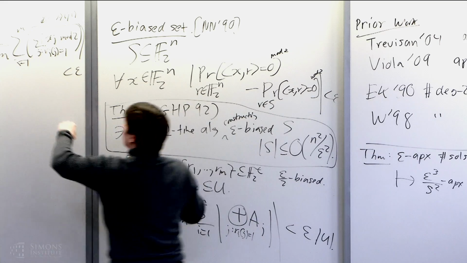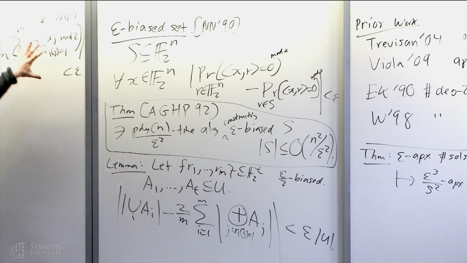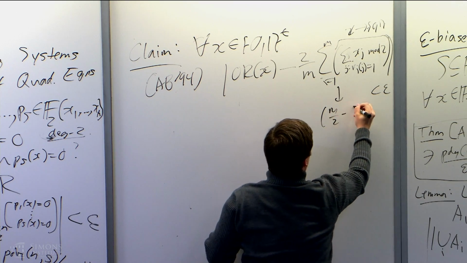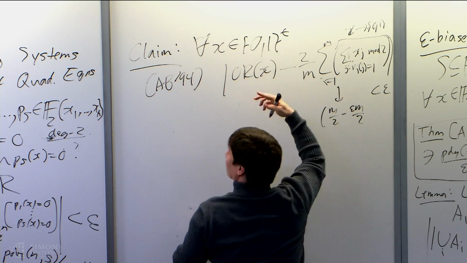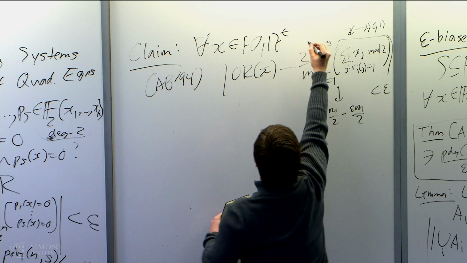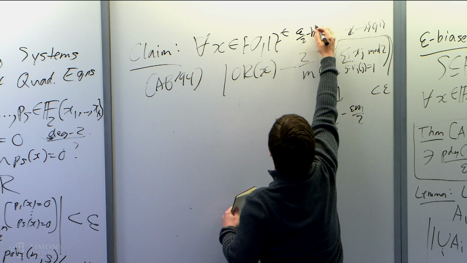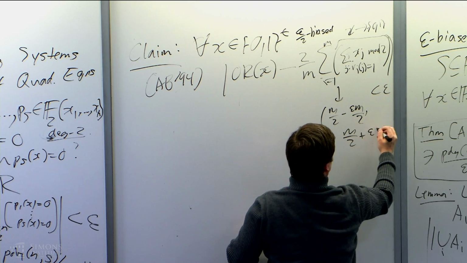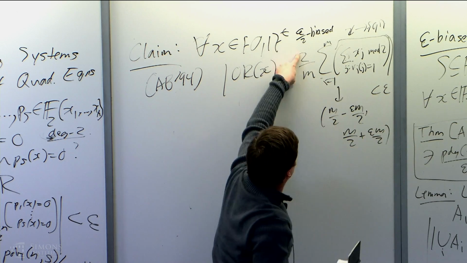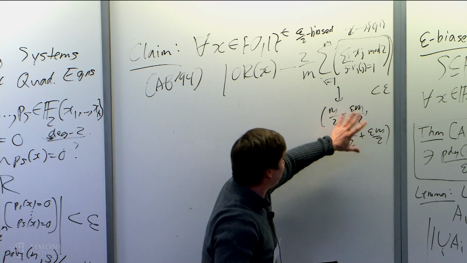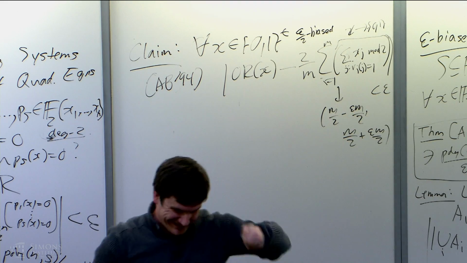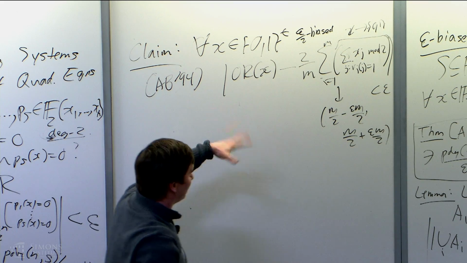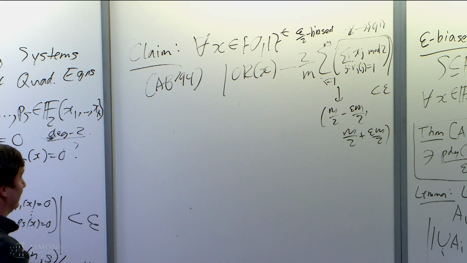So this sum is going to be between m over 2 minus epsilon m over 2, because I'm using an epsilon over 2 biased set, and m over 2 plus epsilon m over 2. I'm dividing by 2 over m, so this is actually between 1 minus epsilon and 1 plus epsilon. So when the OR is 1, this is also approximating it to within epsilon.